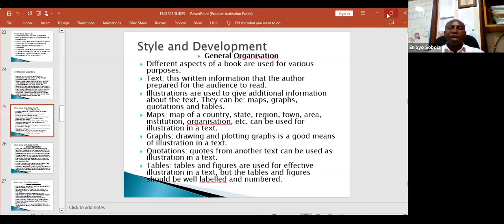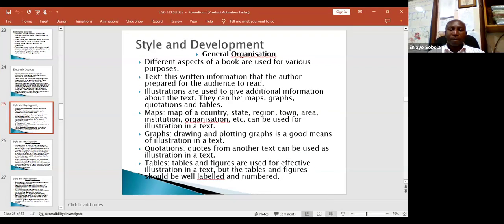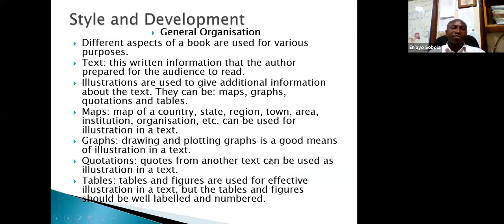And moreover, in doing that, we examine different aspects of the book and the various purposes for those aspects.